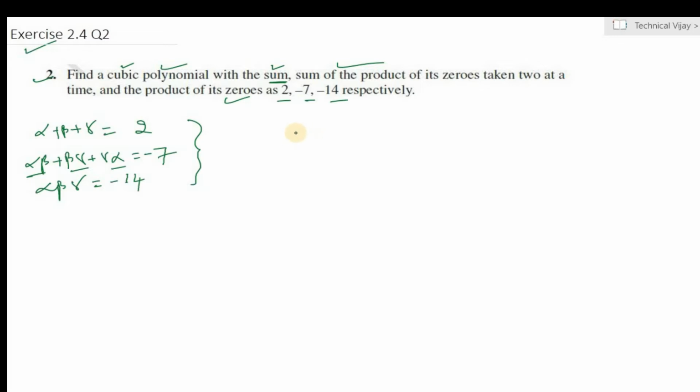So we have to find out the cubic polynomial. We have to write the cubic polynomial by using these identities. We know that the general expression will be ax cube plus bx square plus cx plus d. This is the general expression for the cubic polynomial.